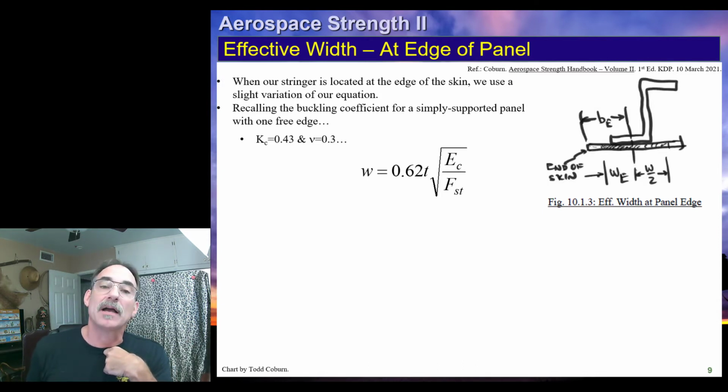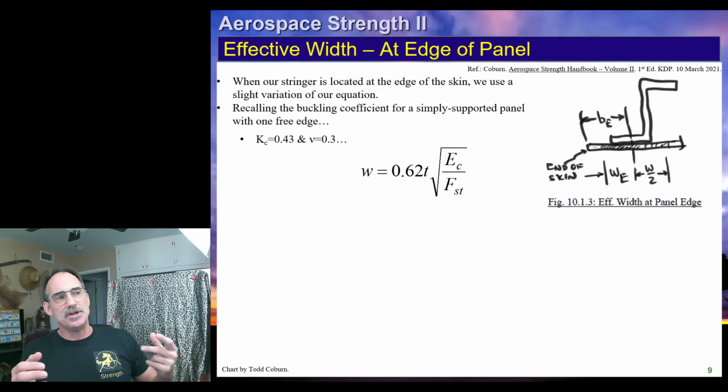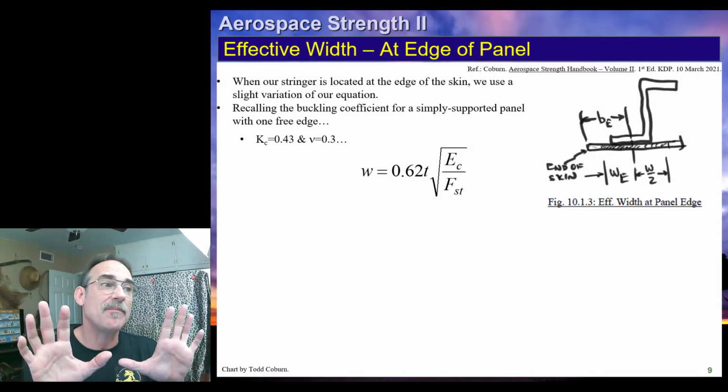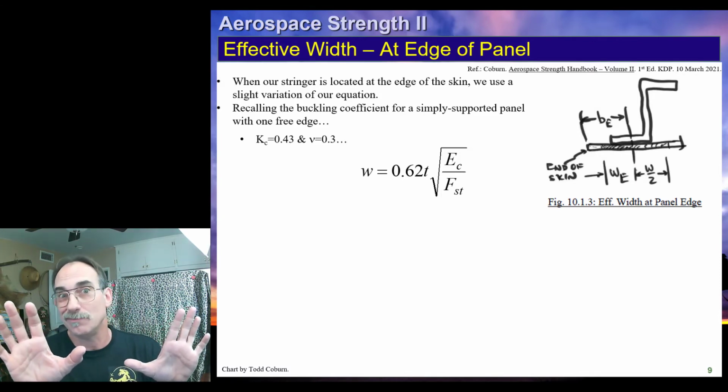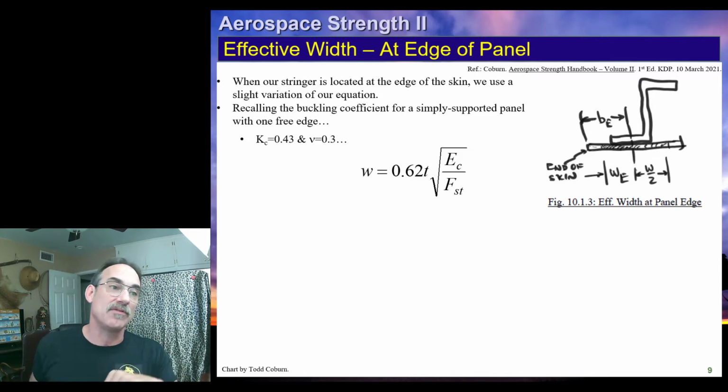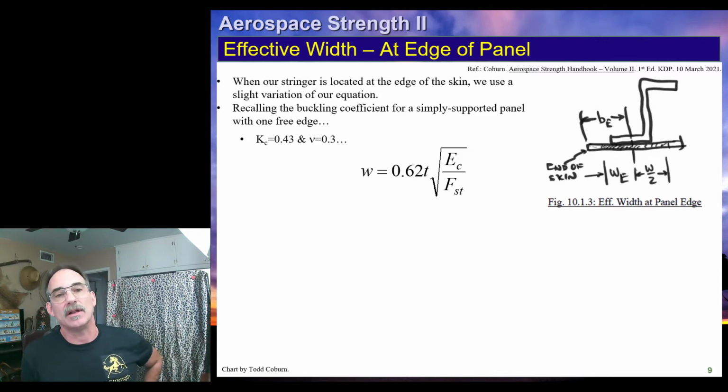If we plug in the buckling coefficient for 3 sides simply supported and 1 side free, our buckling coefficient is 0.43, and that gives us a reduced equation of an effective width of about 0.62T instead of 1.9T times the square root of E sub C over the stringer allowable.